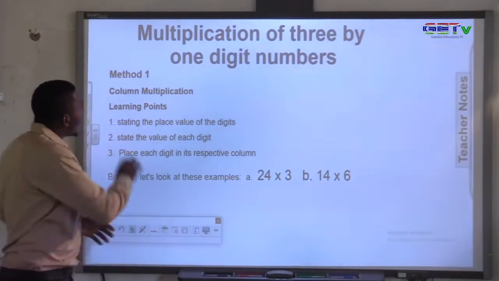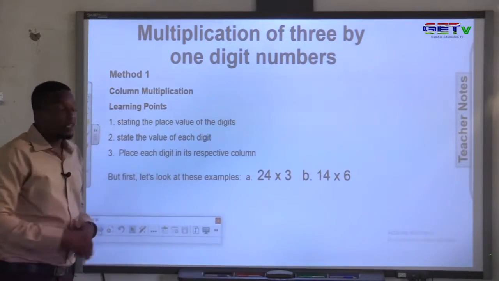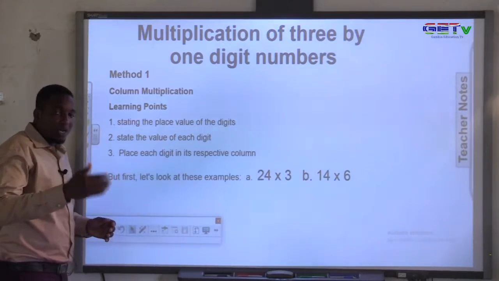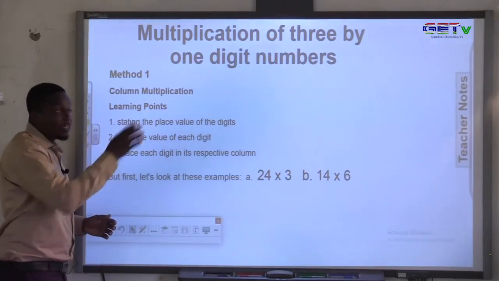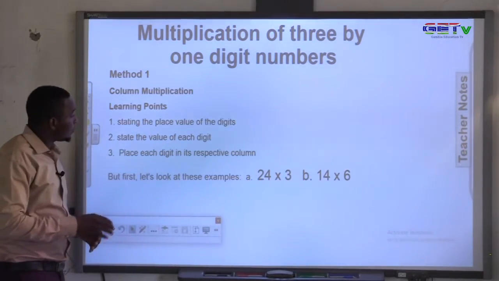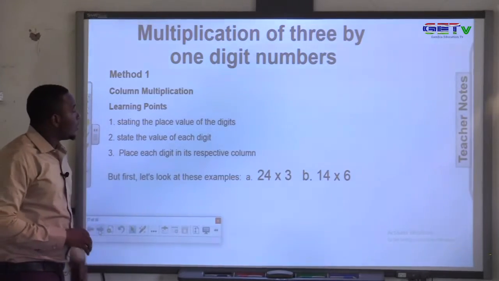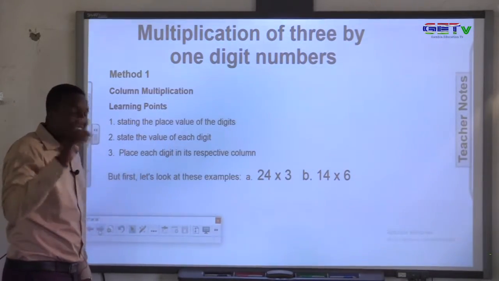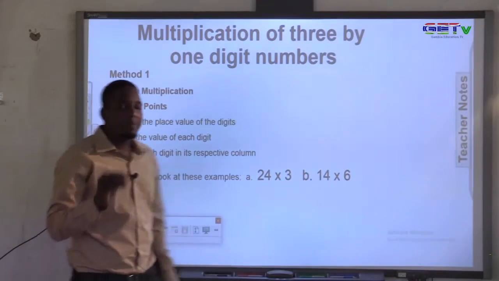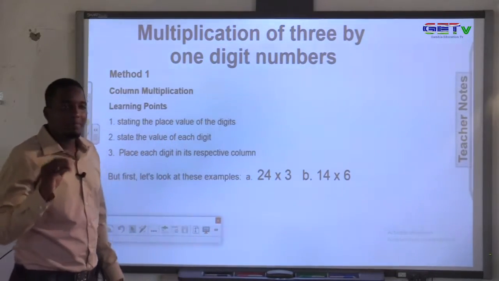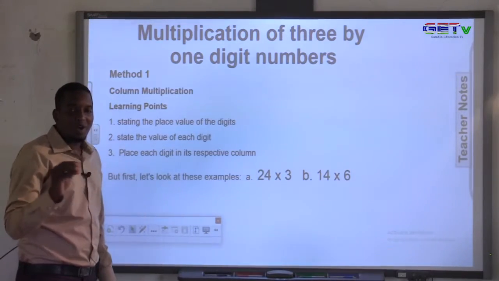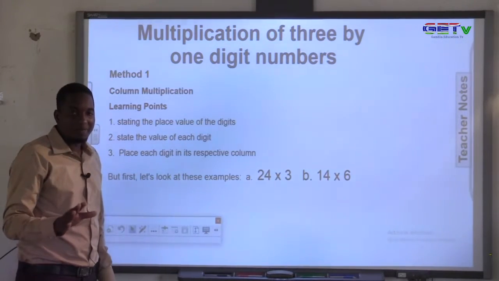So if you look at the column multiplication, we are going to follow some steps in order to solve problems under the topic of discussion. The first one, we are going to state the place value of the digits. As I said earlier, we are going to make the best use of the place values and the values of each digit in the given number.